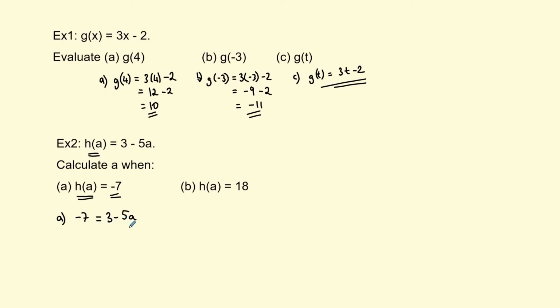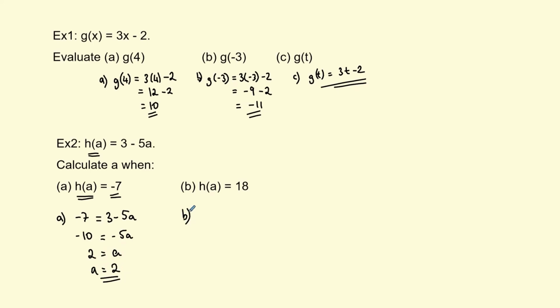So we try and balance this out. If you're more comfortable flipping the equation, you can. Here we're taking away 3 from both sides. This is a positive 3, so we're taking away 3 from both sides. That's going to give us negative 10 equals negative 5a. And then we're going to divide by negative 5 on both sides to get 2 equals a, or a equals 2.